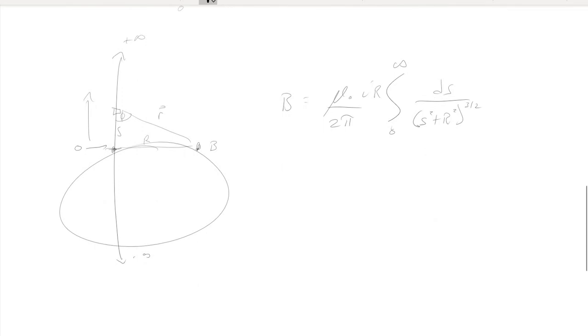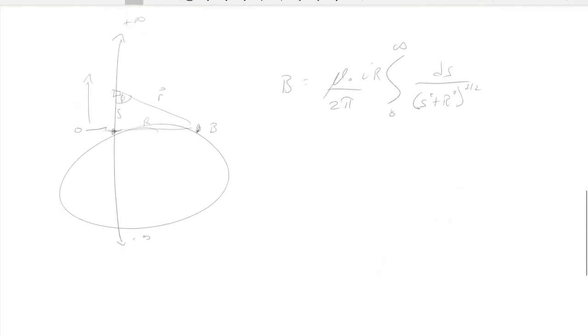Now, looking at that integral, the first thing that we might try would be a u substitution, excuse me. But if you try that in this case, the u substitution is not going to work. So then we might try integration by parts.